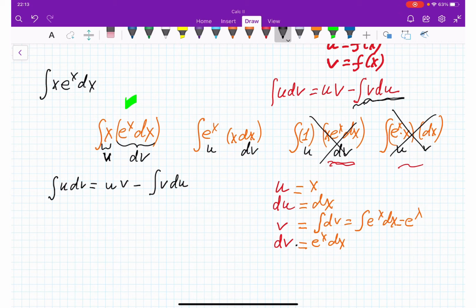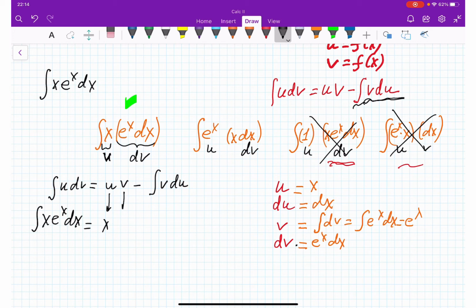Now, let's plug in. So integral x e to the power x dx is going to be equal u, my x, right?